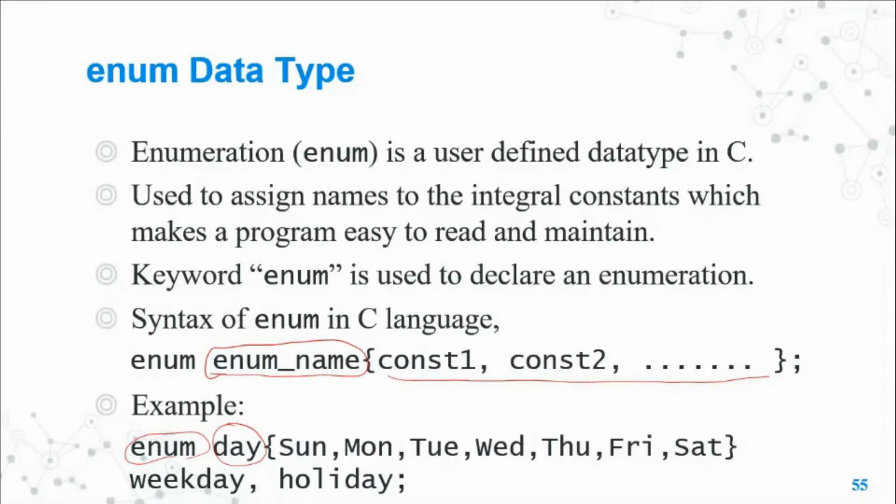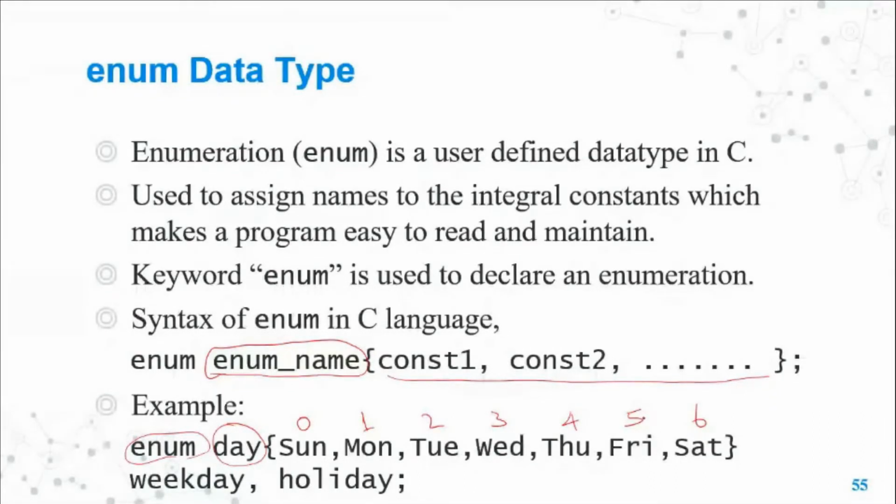The integer values assigned to these names, Sun, Mon, Tue, Wed, Thu, Fri, Sat, will be like this. The first value will be assigned 0, the second 1, this is 2, this is 3, this is 4, this is 5, and this is 6.